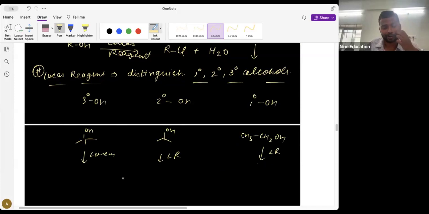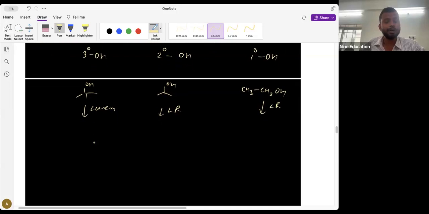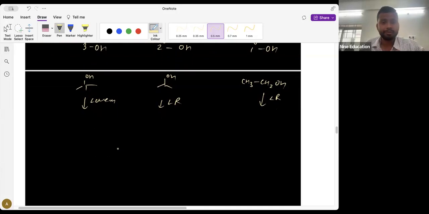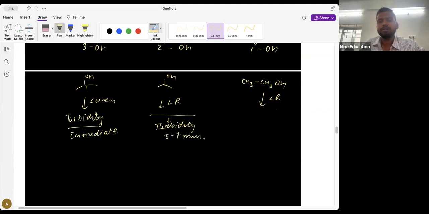If I put Lucas reagent, written as LR, in all of them, as soon as I put it in the 3-degree alcohol, which is very reactive because it forms a 3-degree carbocation, you will see the reaction turn turbid immediately. In 2-degree alcohols, you can see the turbidity after 5 to 7 minutes. In this one, turbidity is not seen instantly. For 1-degree, turbidity is not seen, or you have to see turbidity on heating.